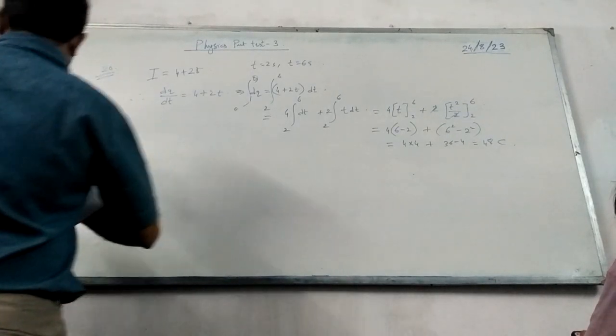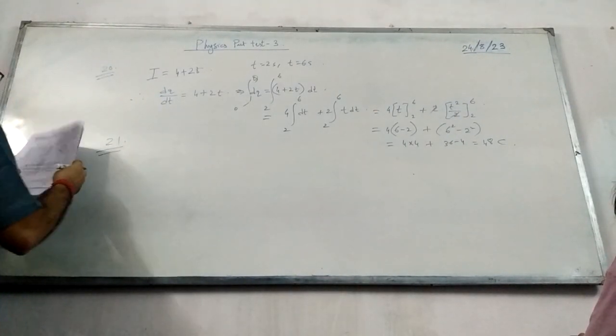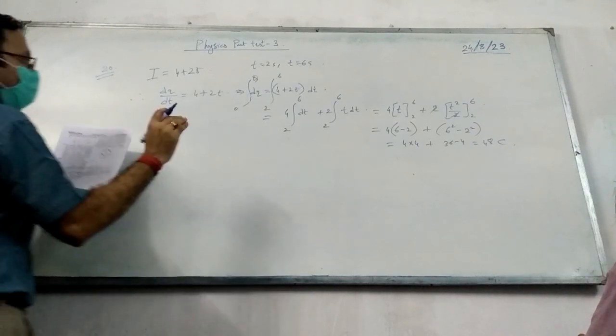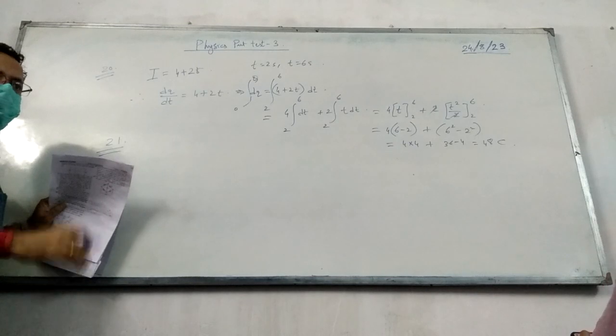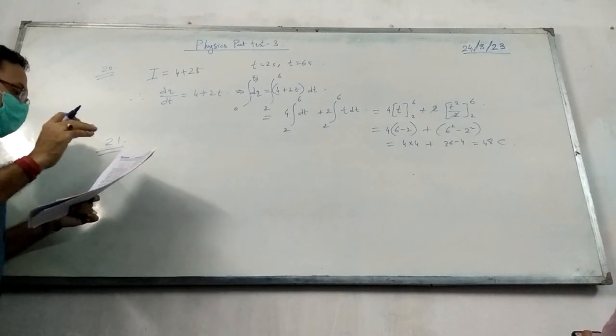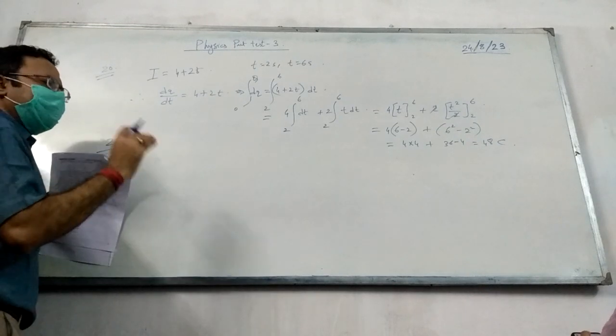Question number 21. It says two bulbs are working in parallel order. So in parallel, what is same for both the bulbs? The voltage is same, and the bulb A is brighter than the bulb B. Brighter means more power.